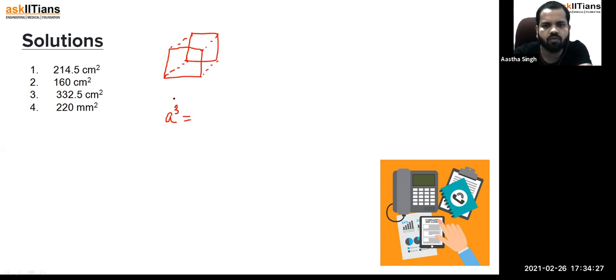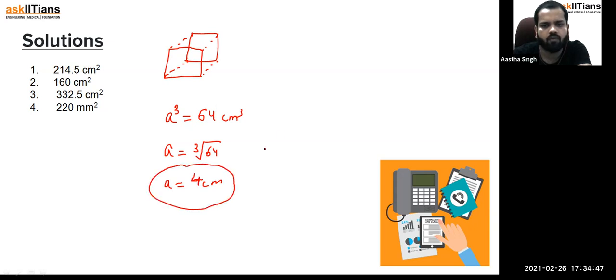Your volume of cube a cube is given as 64 centimeter cube. So your a will be the cube root of 64. So basically a will be 4 centimeter. Okay. So these all will be your 4.